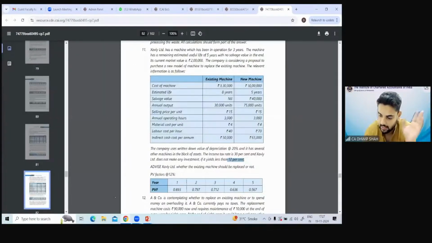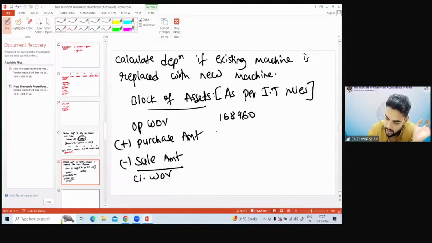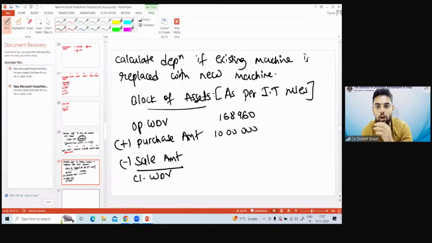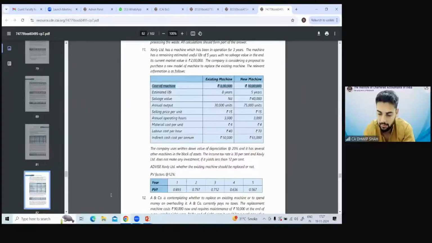Then I am purchasing the new machine of 10 lakhs. So I will add that. And since I am replacing the old machine with the new machine, I will sell out this old machine. Correct? At what value? At its current market value, which is 2 lakh rupees.